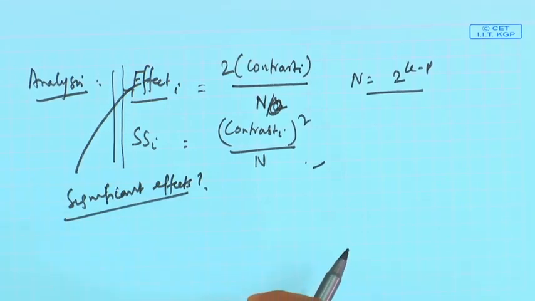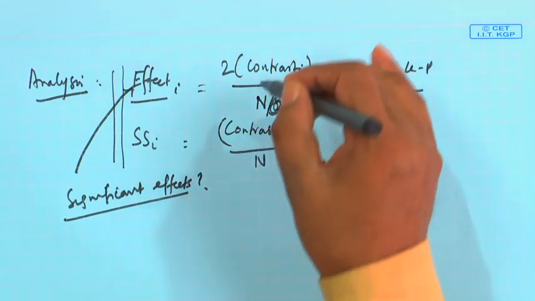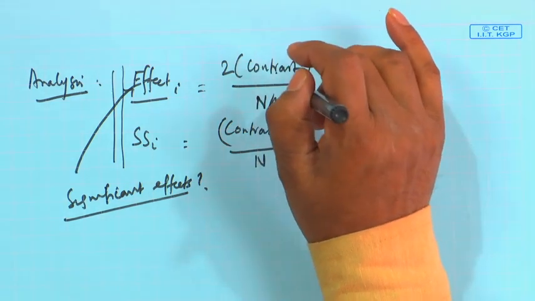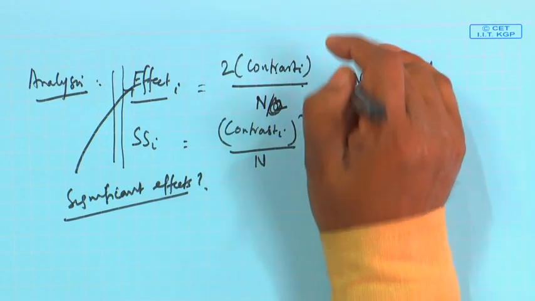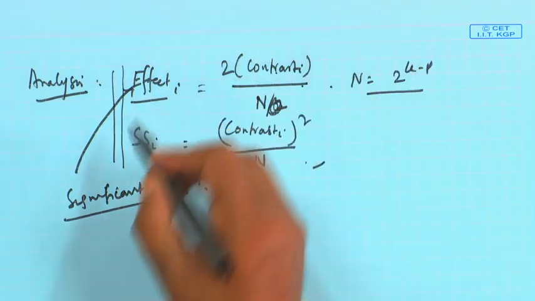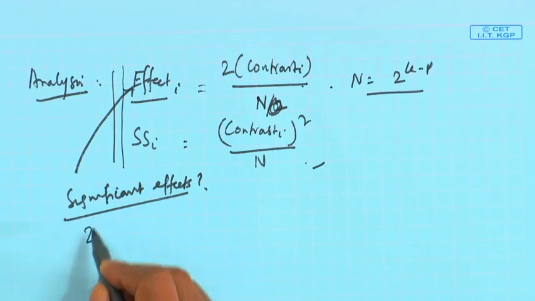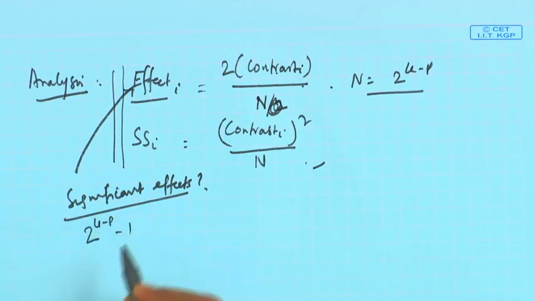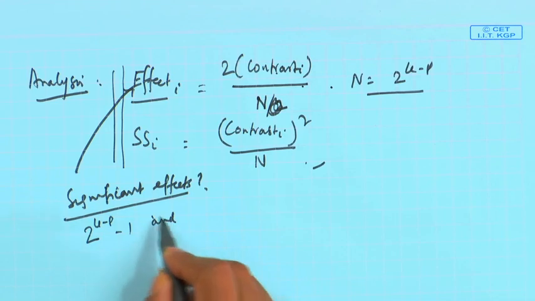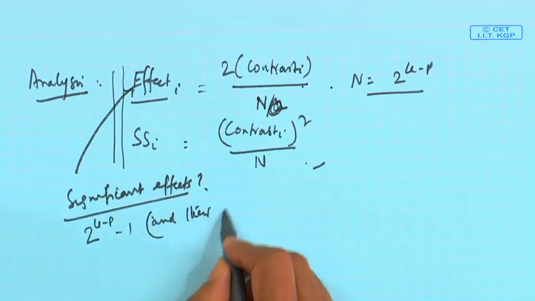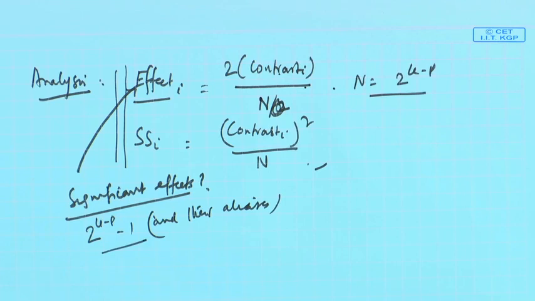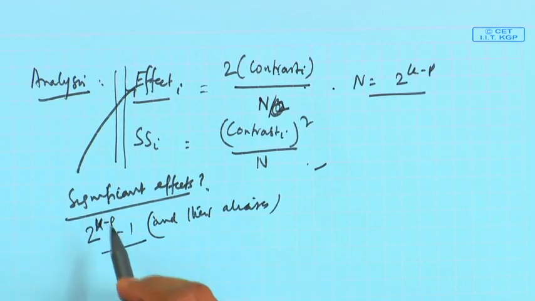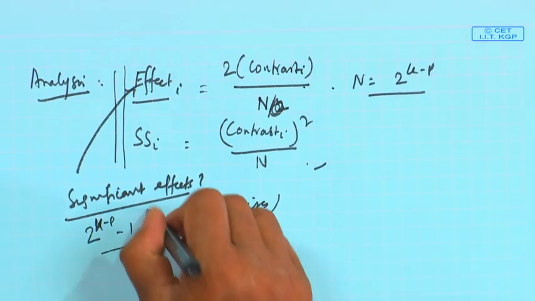You will estimate 2 to the power k minus p minus 1 effects and their aliases. This number of effects you will estimate, and then you want to know which effects are significant.